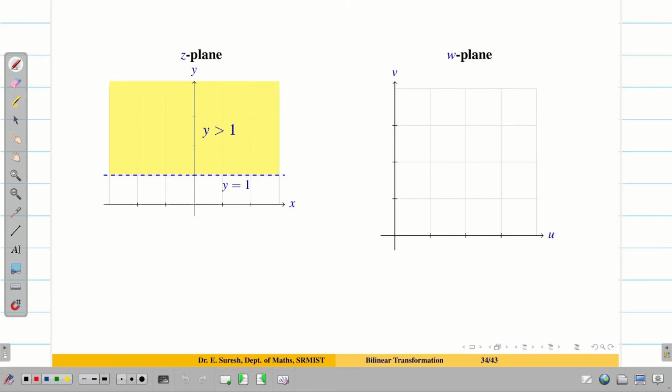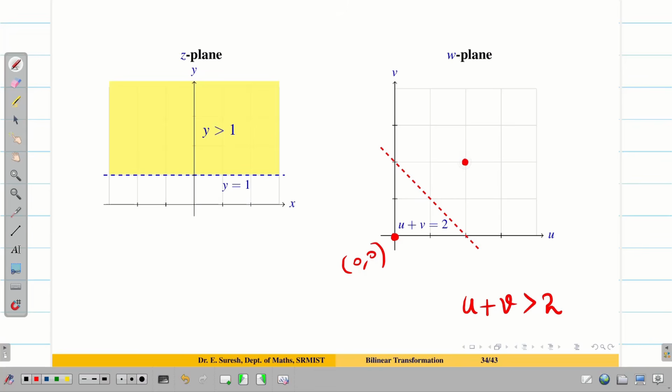Next, in the w plane, as I said, we have to mark the points (2, 0) and then (0, 2). Now we can draw the line u plus v equal to 2 very easily, but we want to find the image for u plus v greater than 2. It is very easy. If you take any point below the line u plus v equal to 2, suppose you take this point (0, 0), it is not greater than 2.